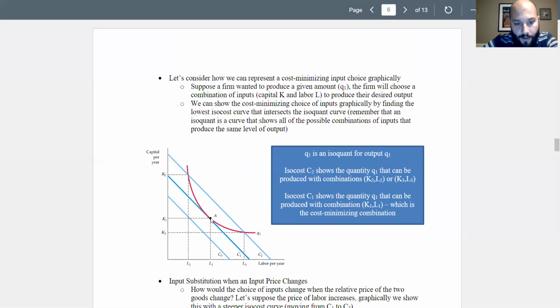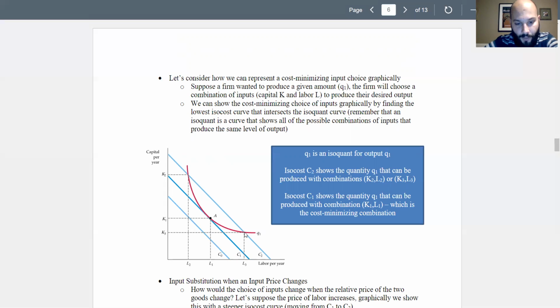What if we wanted to produce Q1 in some other way? We could produce Q1 using any combination out here, or any combination out here. Would any of those be more efficient than A? No, because we can see there's this whole field of isocost lines.